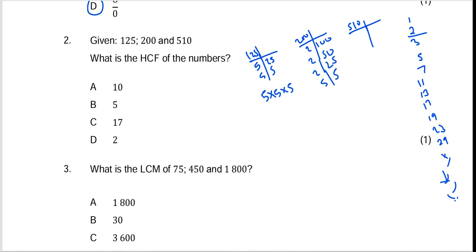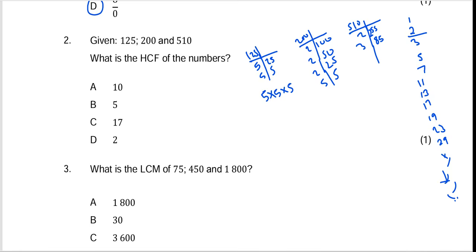510 divided by 2 gives me 255. Then let's check 3: it gives 85. Let's check 3 again.